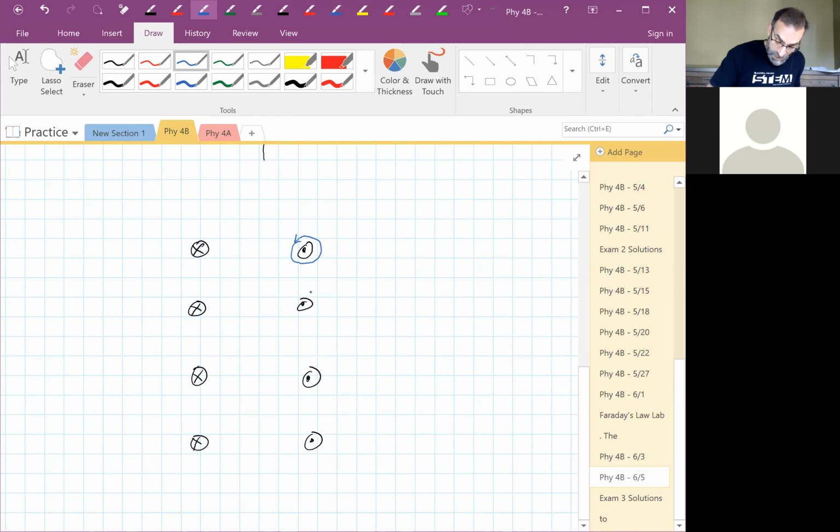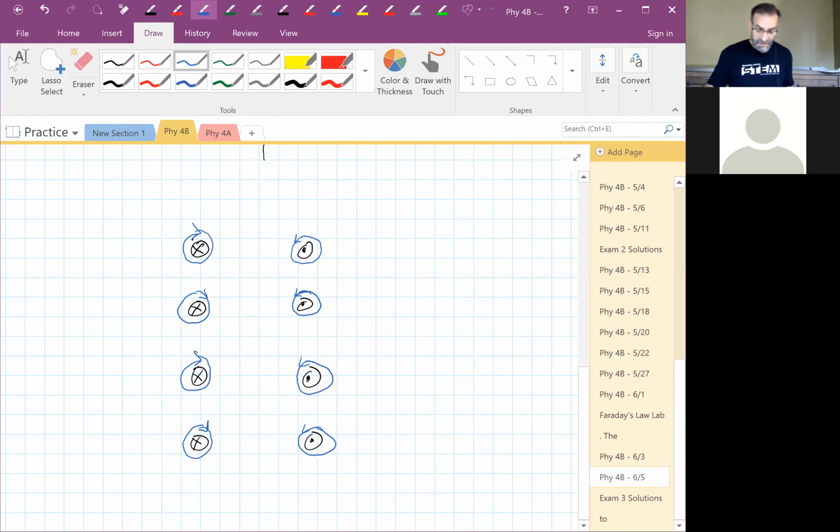And this wire also will have a magnetic field that looks something like that. And the ones on the other side will do the same thing. Those will be going clockwise.